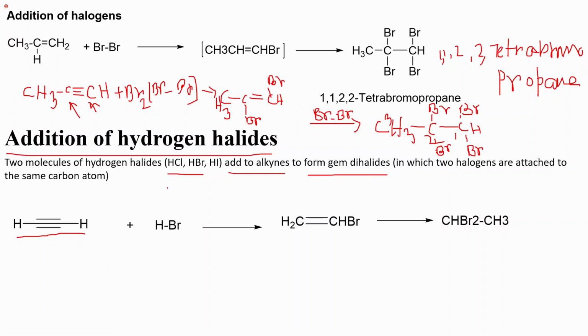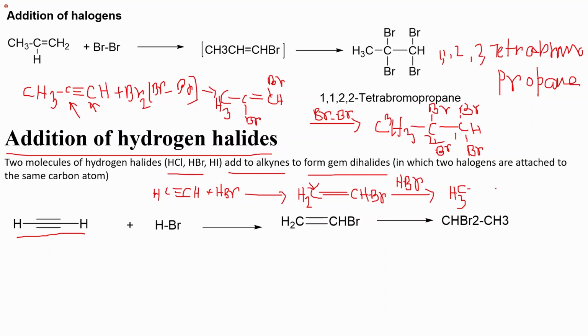So you have an acetylene moiety, that is CH triple bond CH, plus HBr. Now if you add another HBr, then what will it form? It will form CH3. So the proton will go and add to this carbon.